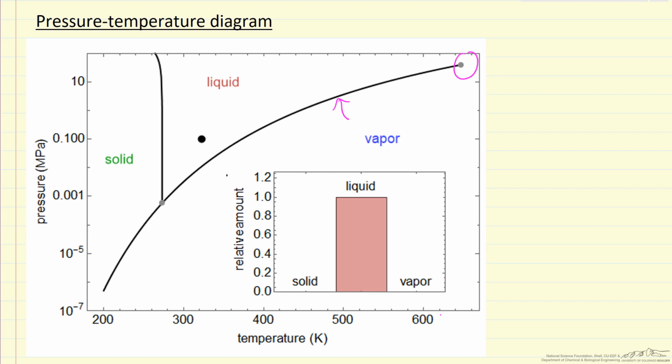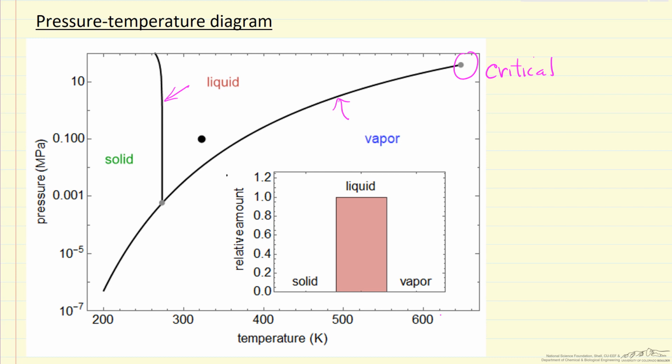Important point, this critical point, and so the liquid vapor phase line ends at the critical point, whereas the solid liquid line continues off this scale, and it may bifurcate and form several phases of solid, but it does not have a corresponding endpoint.